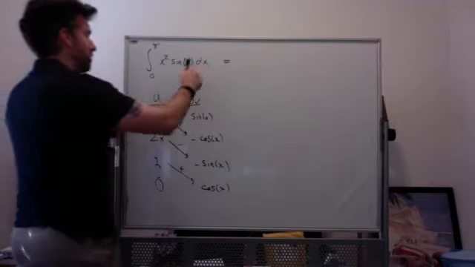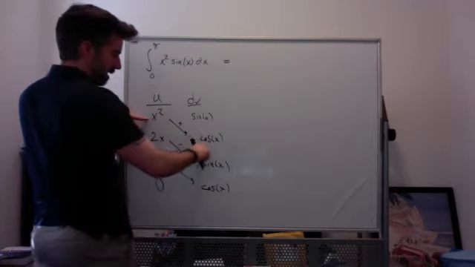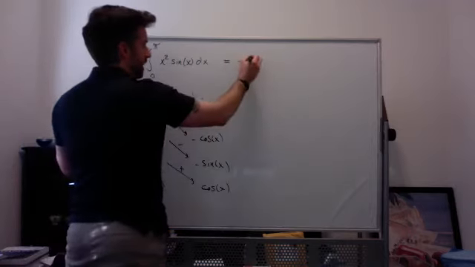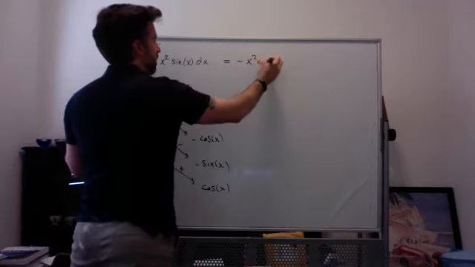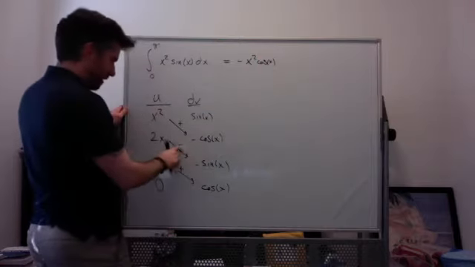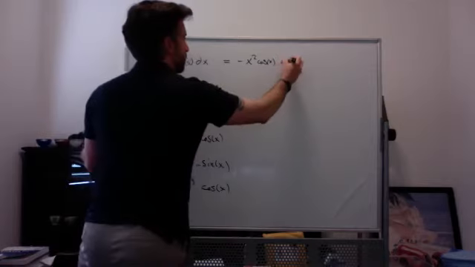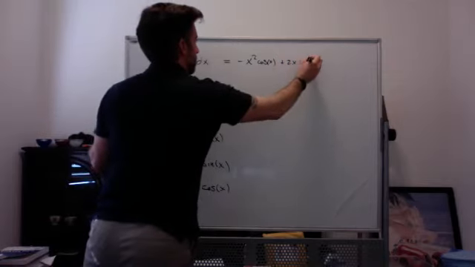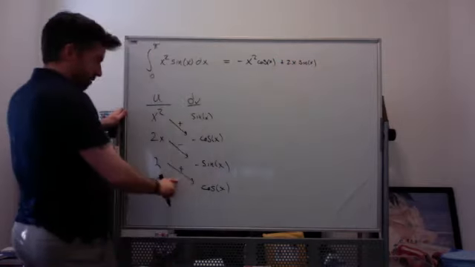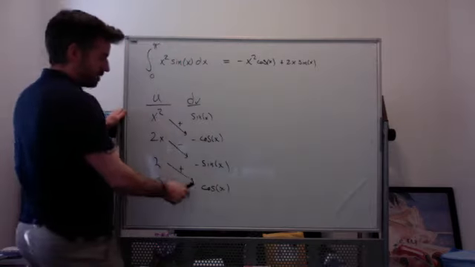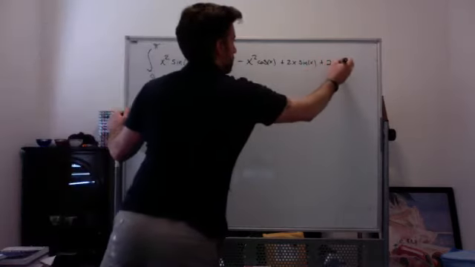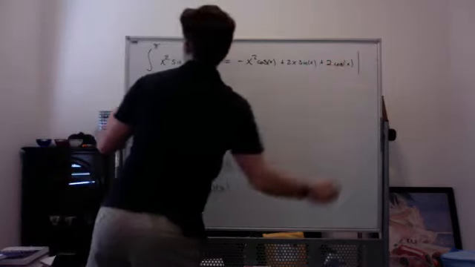So my antiderivative is looking like x squared times negative cosine of x. So I'm going to write that as negative x squared cosine of x. Minus a minus is going to be a plus. It's going to be plus 2x times sine of x. Plus 2 times cosine of x. Evaluate between 0 and pi.